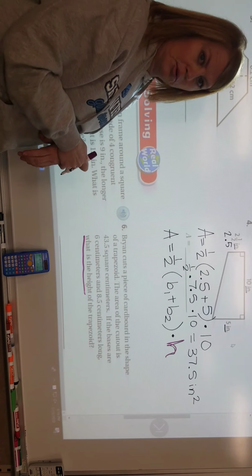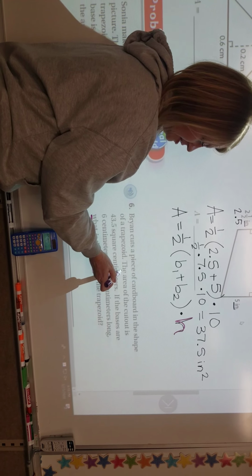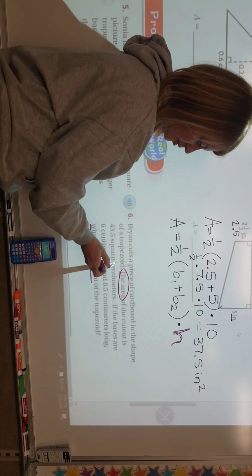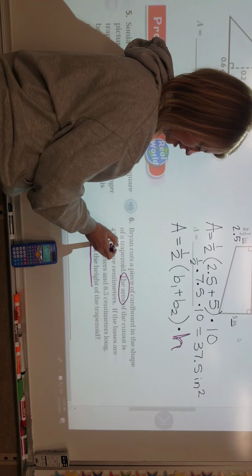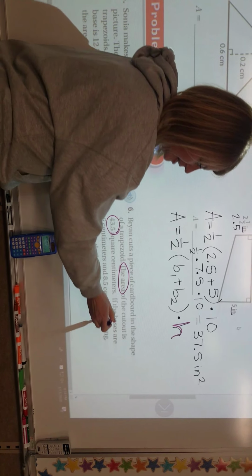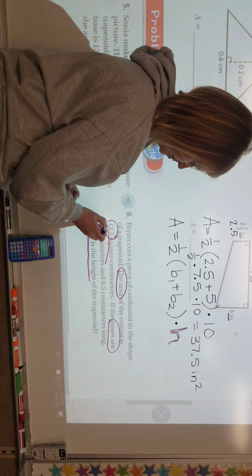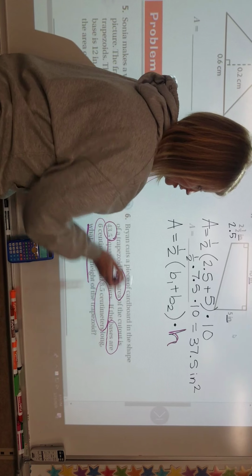Let's see what important information I have here. The area of the cutout is 43 and 5/10 square centimeters, and the bases are 6 centimeters and 8.5 centimeters.